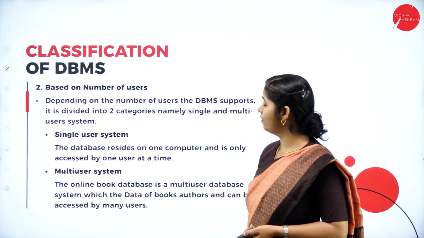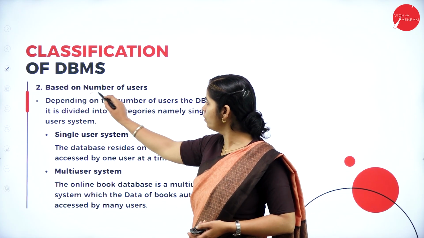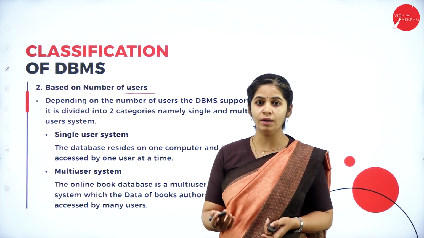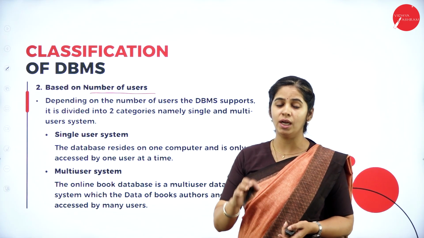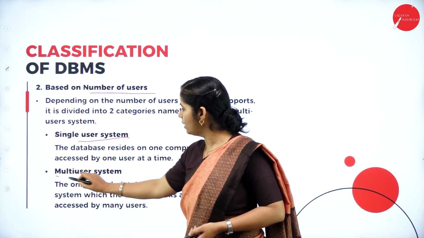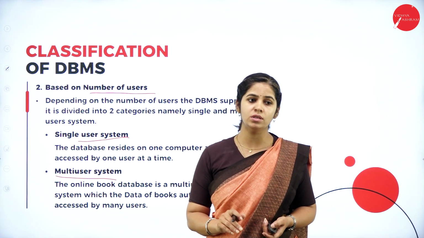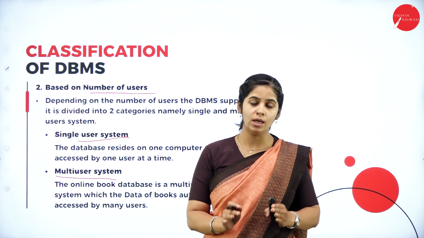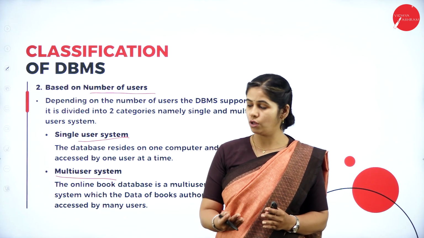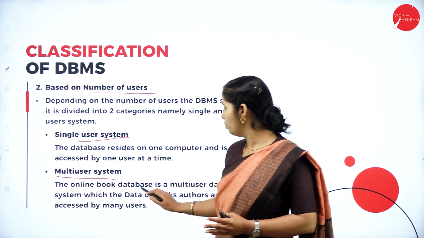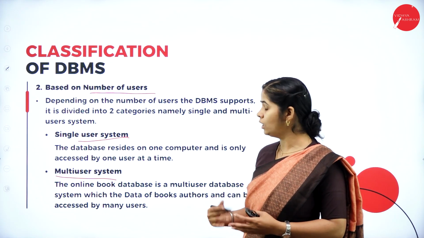Next, classification of database based on the number of users. Depending on how many users are using the particular database, we have 2 types: single user system and multi-user system. In a single user system, you have your private database and you are the only person using it. Online booking database is a multi-user system.